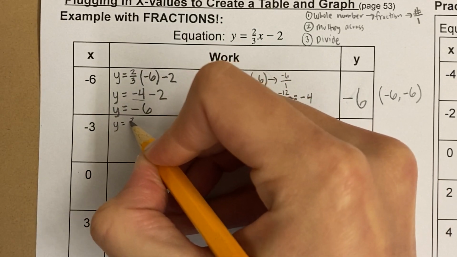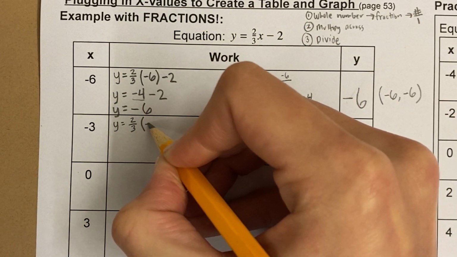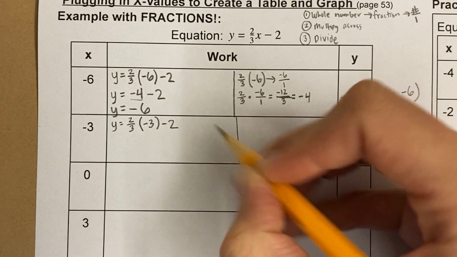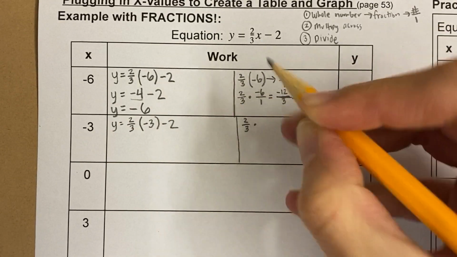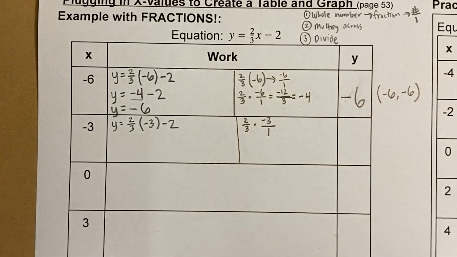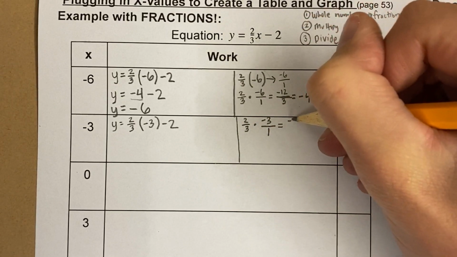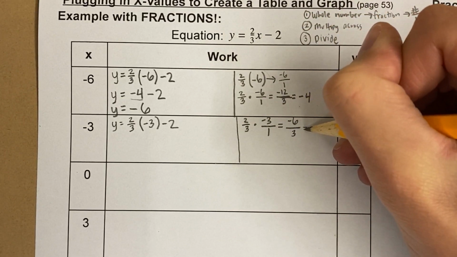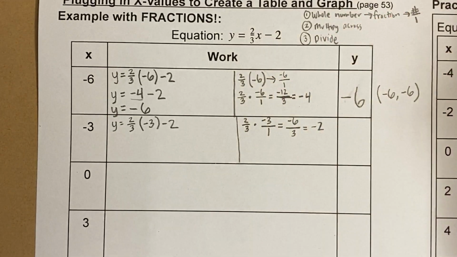Y equals 2/3. This time, instead of x, I'm plugging in -3. I'm going to come over here and do 2/3 times -3. So I'm going to write 2/3 times, and I'm going to change -3 into a fraction by putting it over 1. Now I'm going to multiply. 2 times -3 is -6, and 3 times 1 is 3. Then I'm going to divide. -6 divided by 3 is -2.